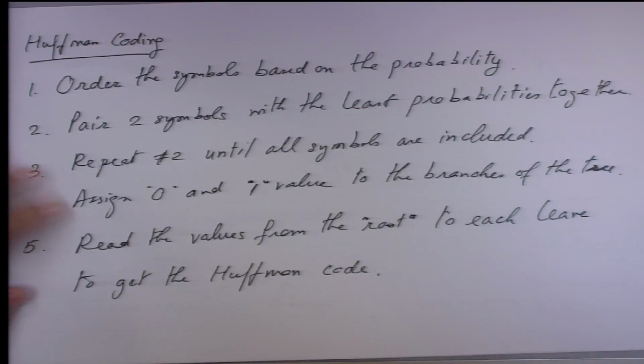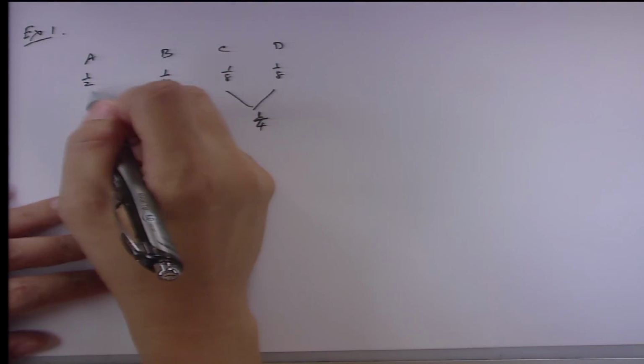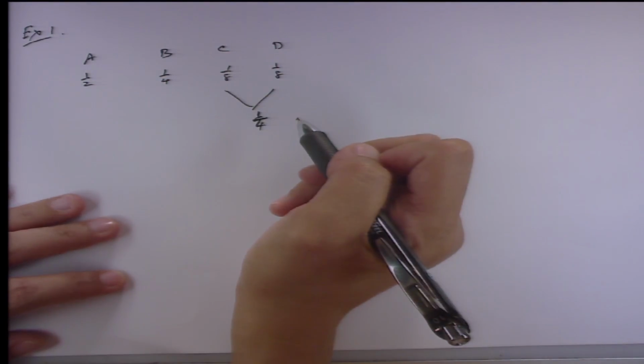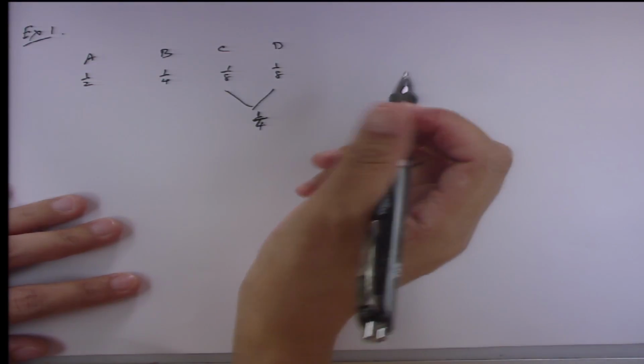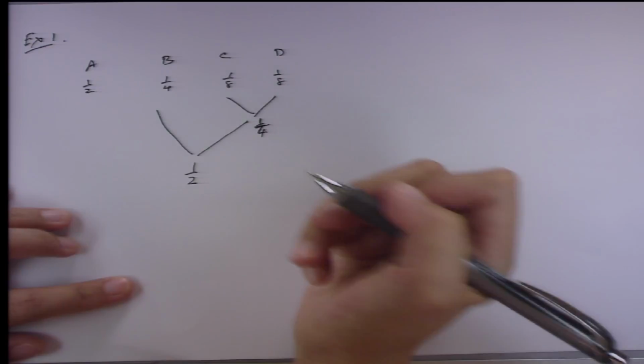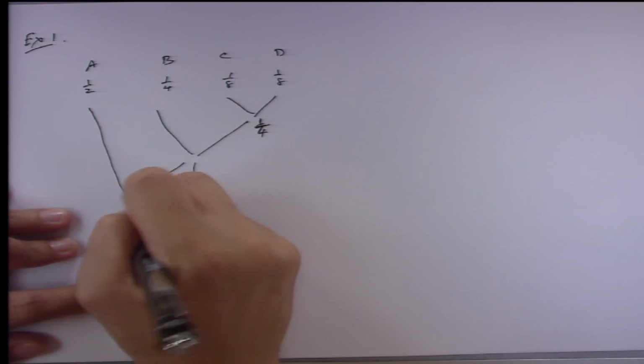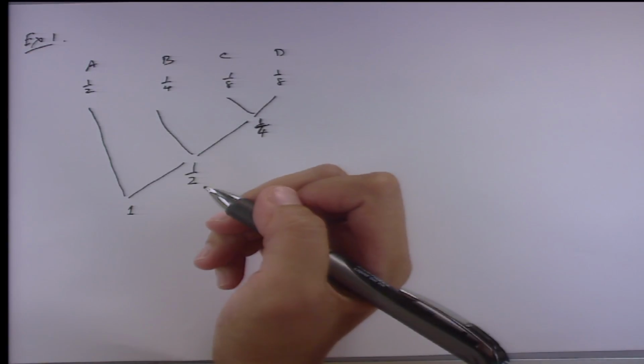Then repeat number 2, until all symbols are included. Now we have 1/2, 1/4, 1/4. Which are the two least probabilities? This and this. You add them together, you have 1/2. Then you repeat it, add together, you get 1. This is a tree.